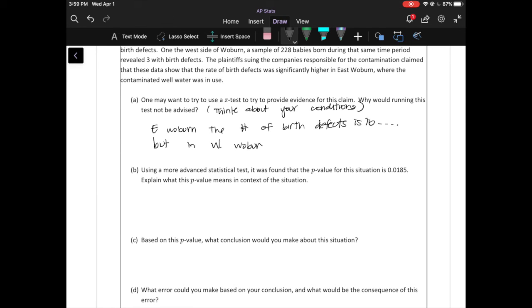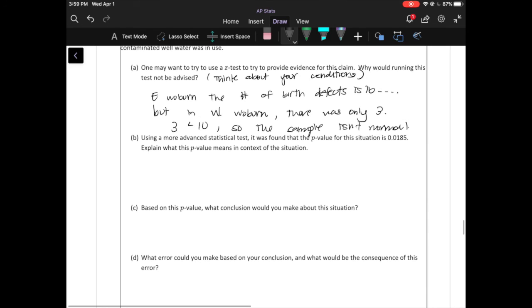But in West Woburn, there was only 3. 3 is less than 10, so the sample isn't normal. And since the sample is not normal, we can't use a z-test, right? Remember that the z-test and t-test are only for normal samples.